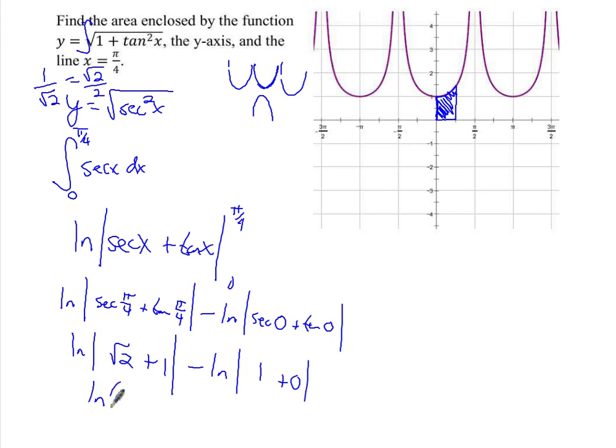Natural log of the square root of 2 plus 1 minus the natural log of 1. The natural log of 1 is 0. So my actual exact answer is the natural log of the square root of 2 plus 1.